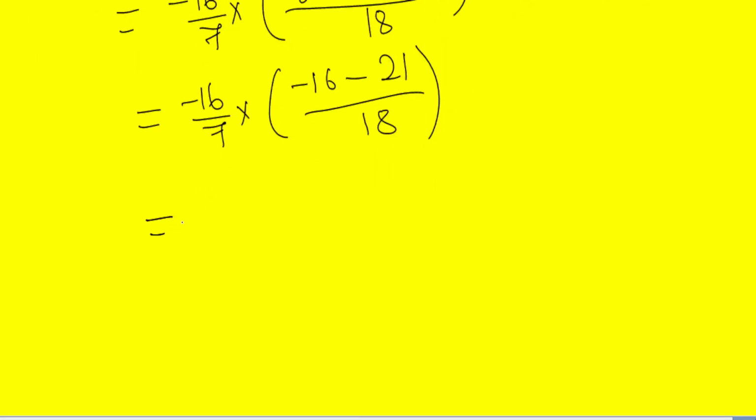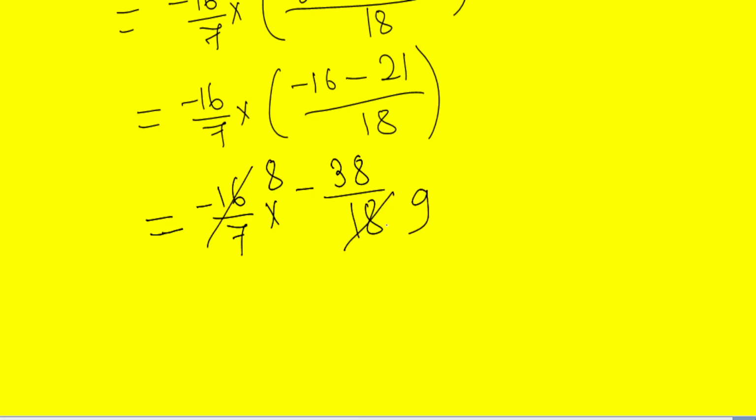Now next, minus 16 upon 7 multiply minus 38 upon 18. So see here, if something is cutting, 2 8s are 16 and 2 9s are 18.